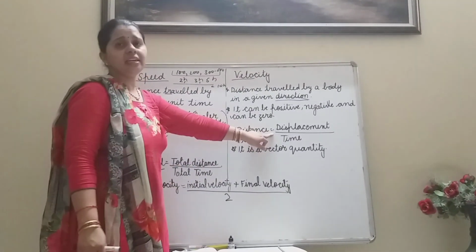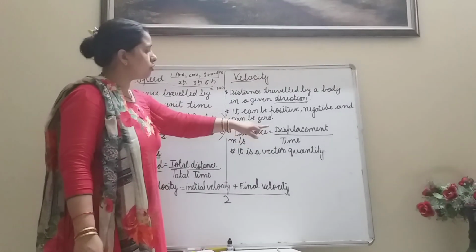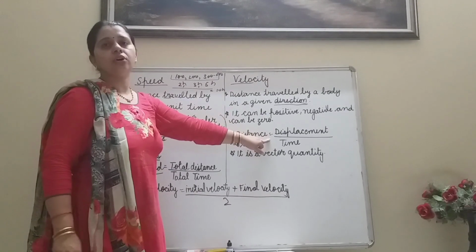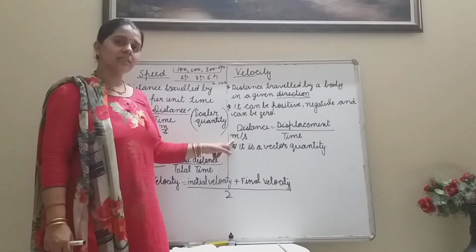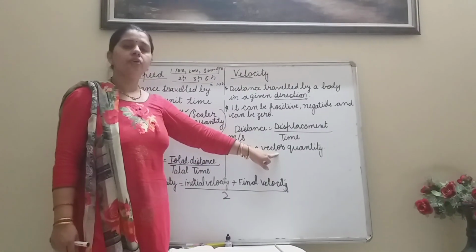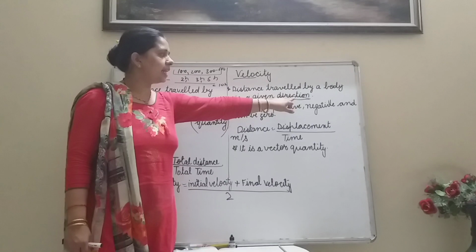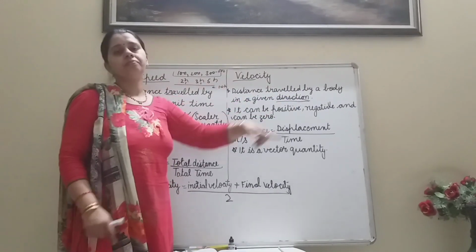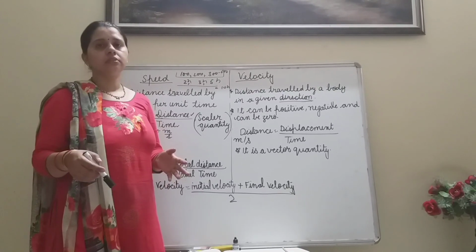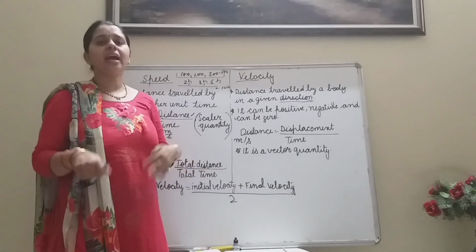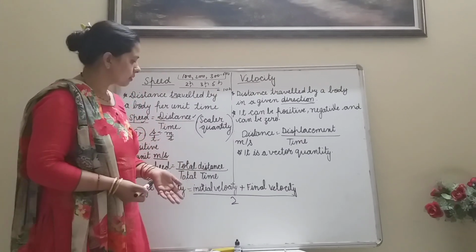Because displacement we calculate in meters and time in seconds. So the unit will be meter per second, and it is a vector quantity because it has direction. Direction means any direction: east, west, north, south, or forward, backward, upward. These are also directions.